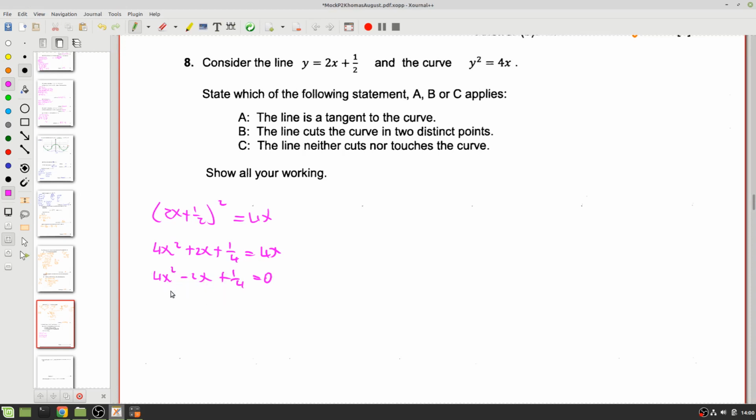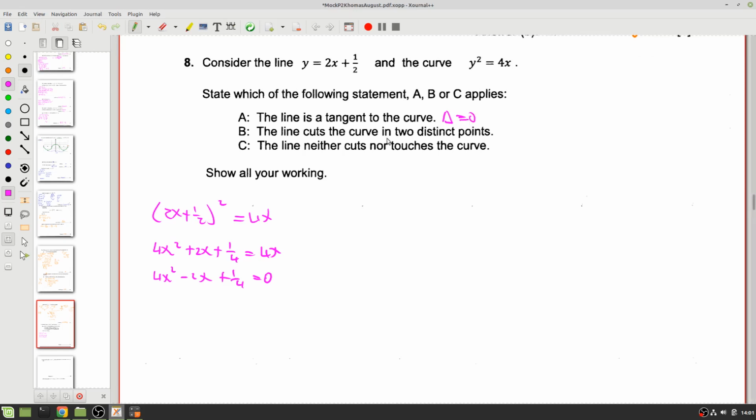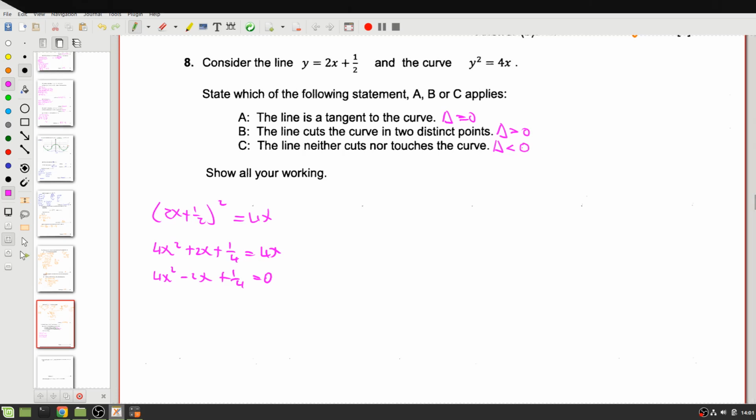And now to solve for that, we know that if we have a tangent to a curve, if it only cuts at one spot or just touches, then our discriminant, or delta, is equal to 0. If the line cuts the curve in two distinct places, so if we have two roots, then our delta is greater than 0, and if we don't have any roots, if it doesn't touch or cut the curve, then our delta is less than 0.